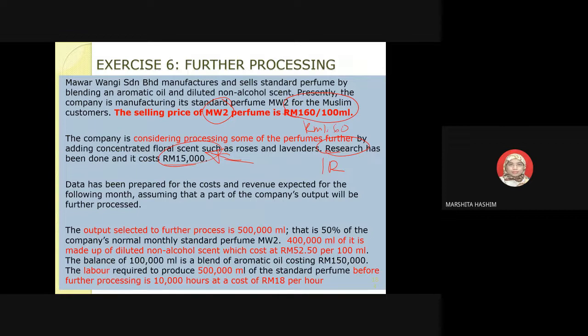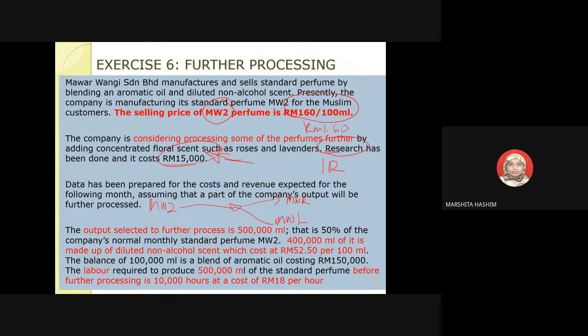Alright, data has been prepared for the cost and revenue expected for the following months, assuming that a part of the company's output will be further processed. Okay, so your MW2, you plan to further process into MW rose and MW lavender.